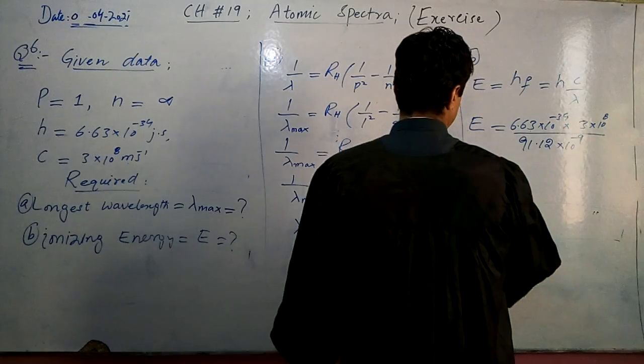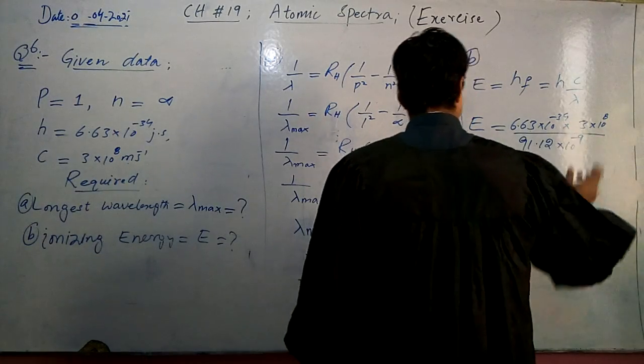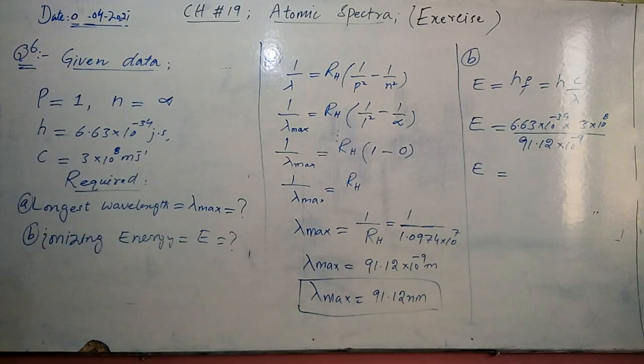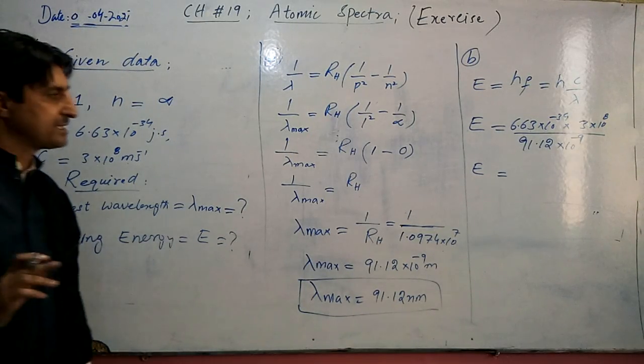By performing this calculation, we get E equal to 2.179 multiplied by 10 power minus 18.